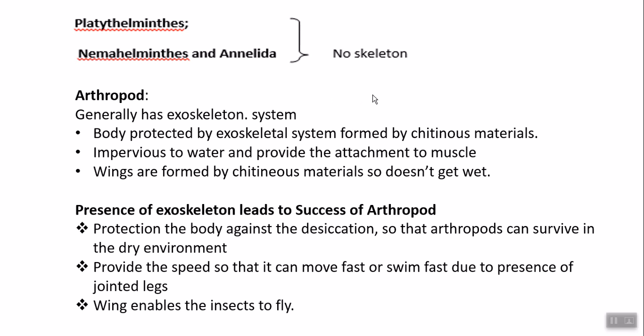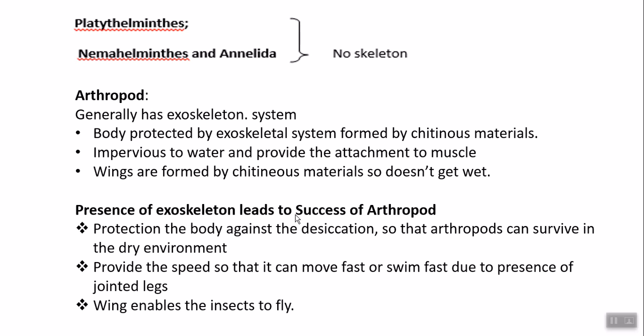Now coming to the arthropods, they have an exoskeletal system. The body is protected by the exoskeletal system made of chitinous material, impervious to water and attached to the muscle. The wings are made up of chitinous material that doesn't get wet.